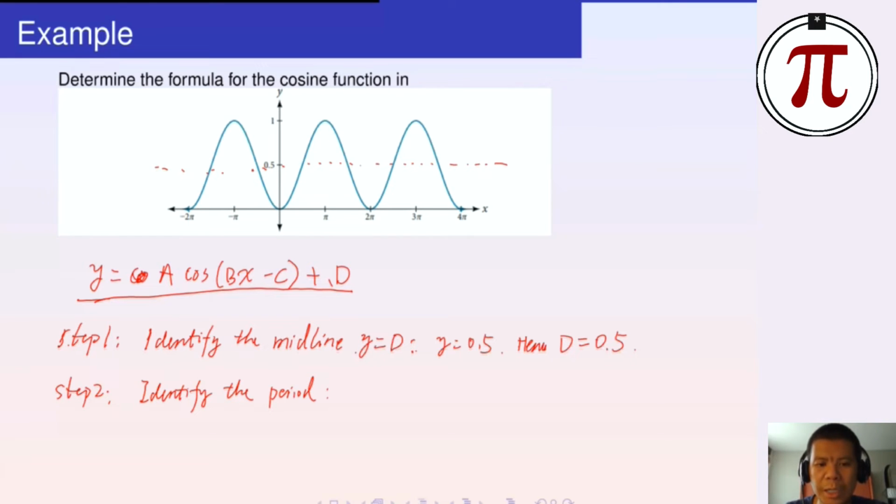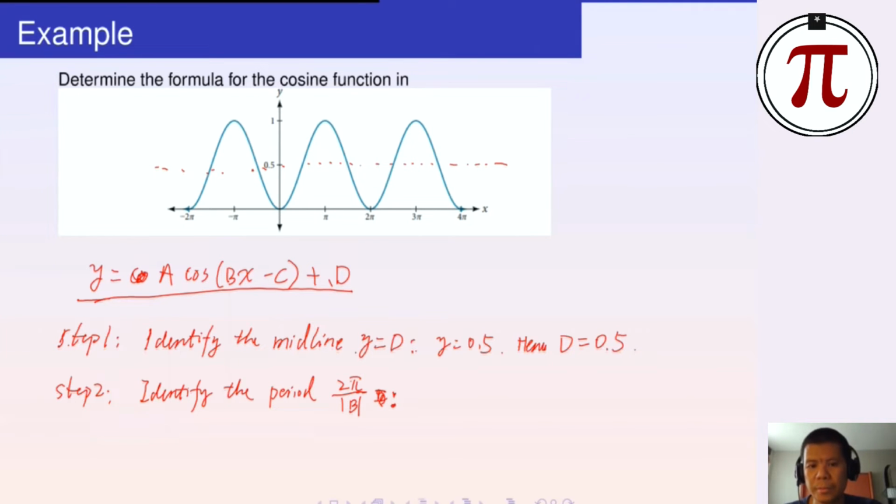The period is 2 pi over the absolute value of B. So we have the period equals 2 pi.